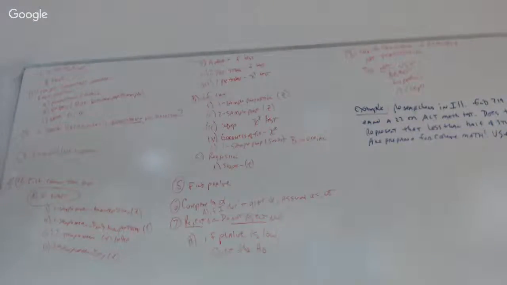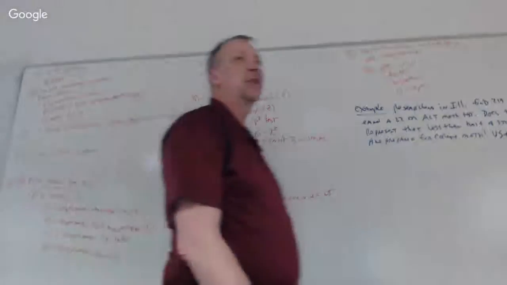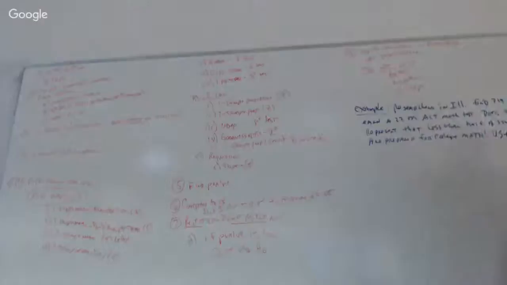Step number 1 says to list all of the important numbers such as proportions and means. Are there proportions or means in this problem? What do you think, Jordan? You'd say proportions.